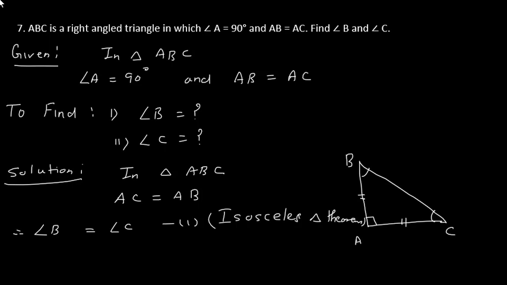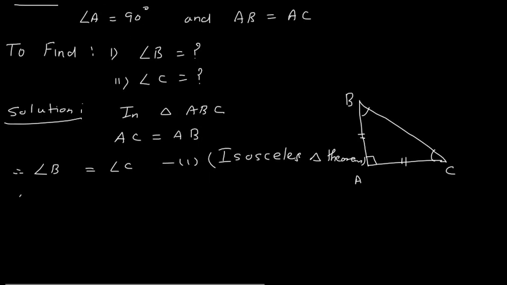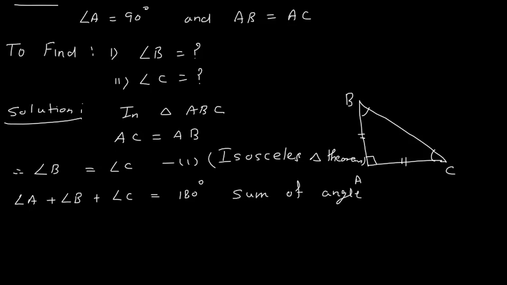Now angle A plus angle B plus angle C, when we add these three angles we get 180 degrees. The reason is the sum of angles of a triangle. So angle A is 90 degrees plus angle B, and in place of C I will write angle B only, so that I have one unknown.